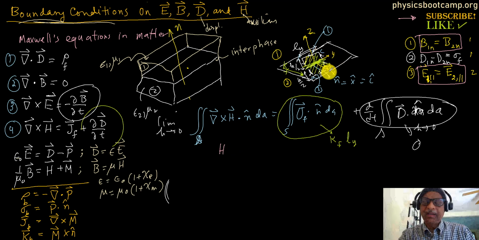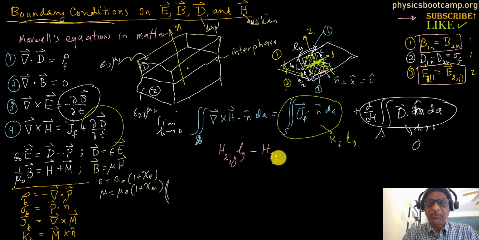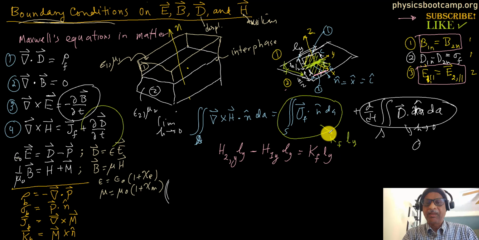So along the y, I first got the H in the 2, which is H2y L_y, and over here it will be minus H1y L_y, and on the right side it is going to be K_f L_y. So L_y cancels out.